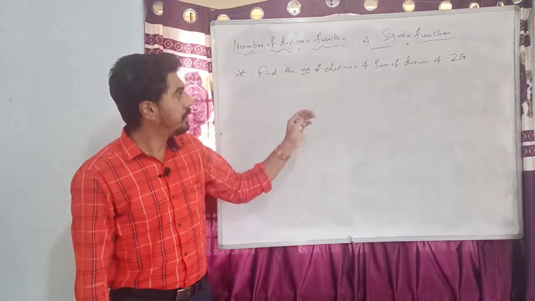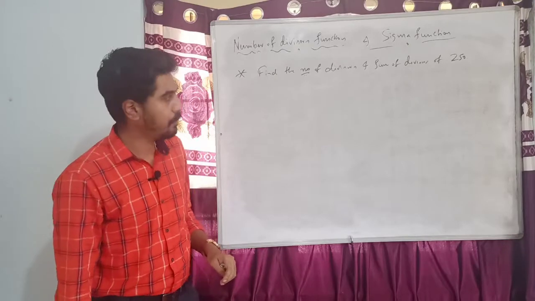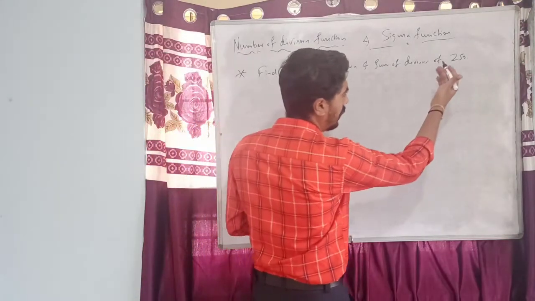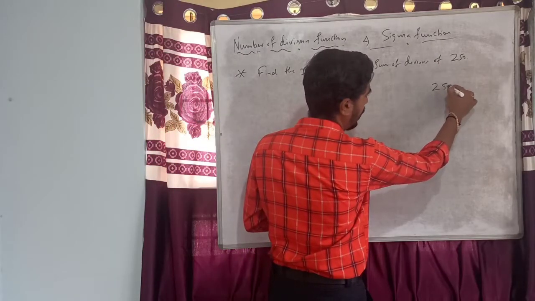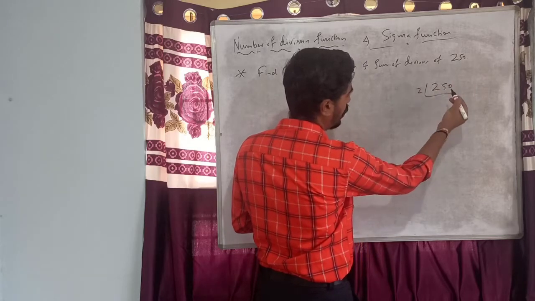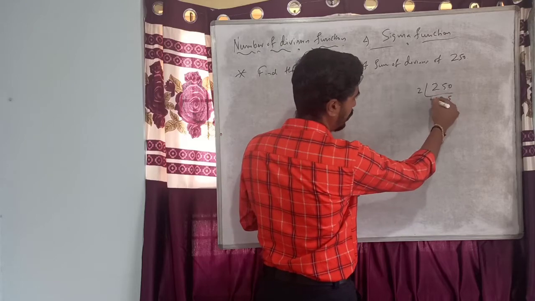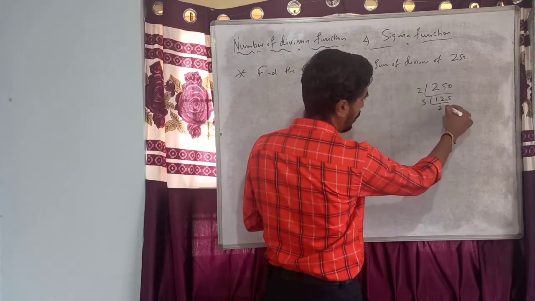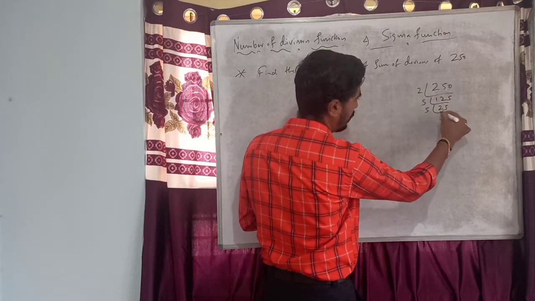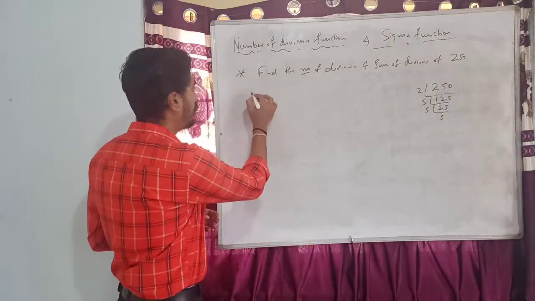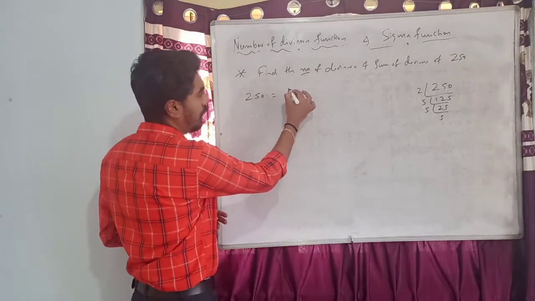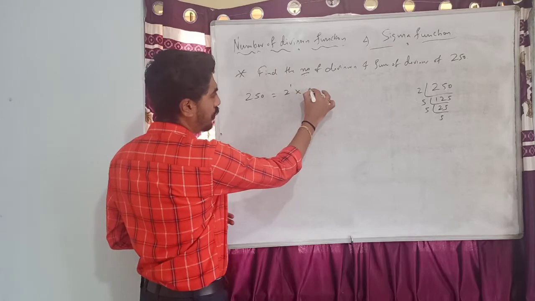Find the number of divisors and sum of divisors of 250. First, let us find out the prime factorization of 250. We get 2 into 125, which is 250. So here we get 5 into 25 is 125. 5 into 5 is 25. Okay. So 250 is equal to 2 to the power of 1 into 5 cube.